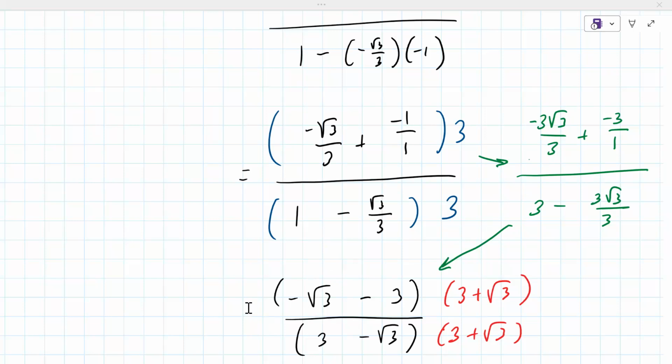Can you show how you got to each one individually? I understand the -3 over 1 because that's just -3. For the fractions, 3 divided by 3 is 1, so you don't write anything, you just bring the 3 down. And same thing here, you're dividing. That brings me to negative square root of 3 plus or minus -3.